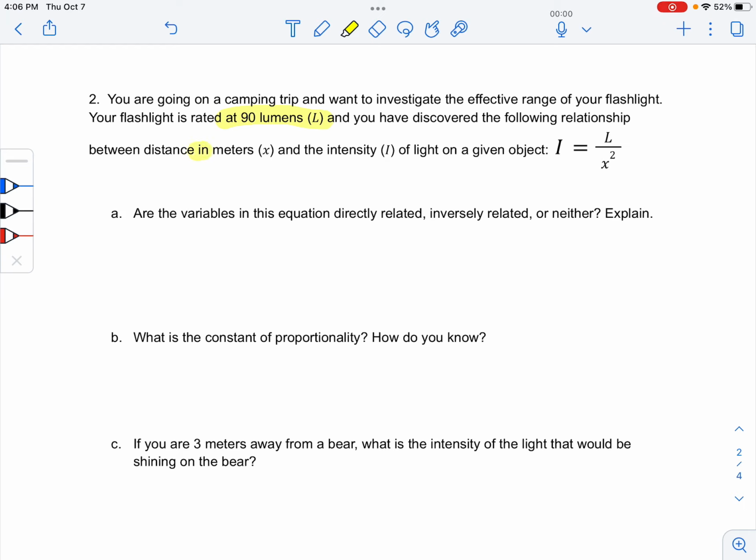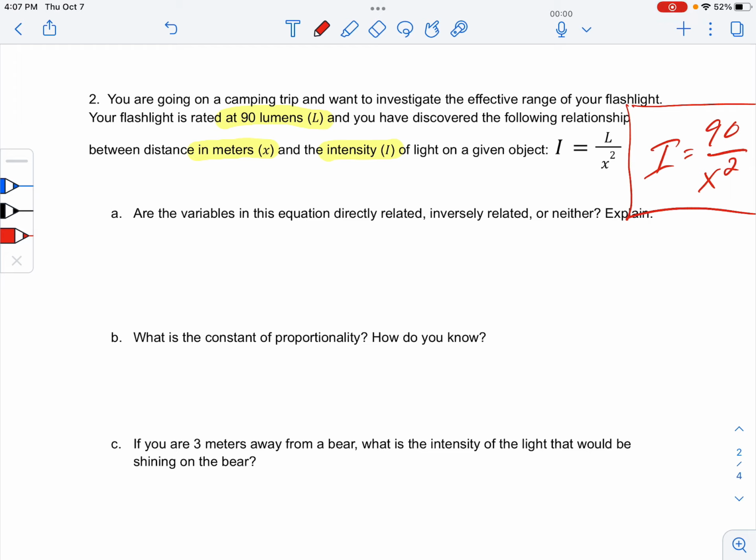Outside of that, we're looking at the relationship between meters X and intensity I. If I was going through, I might highlight or circle this on a quiz just so that I know what I'm looking for. So I'm going to rewrite this equation right away. I equals 90 over X squared. Since I know L is 90, let's just write it so I don't ever forget. This is my equation that I'm going to want to use for all of my calculations.